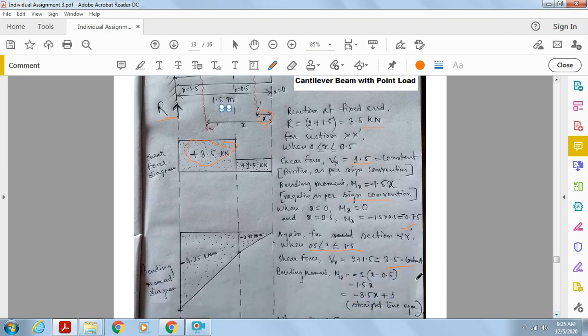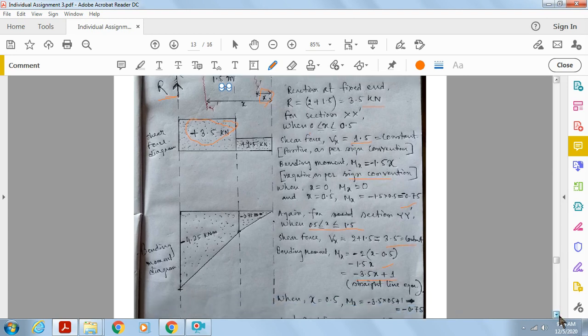As per the sign convention of bending moment, minus 2 of x minus 0.5 minus of 1.5x, so it is coming minus of 3.5x plus 1. It is also a straight line equation.